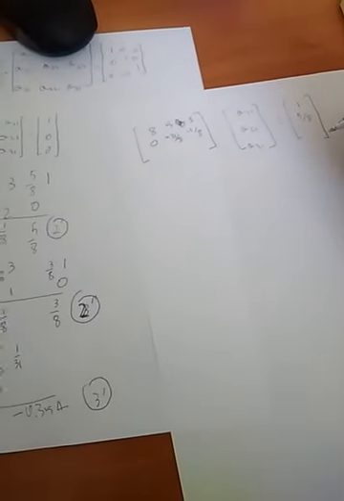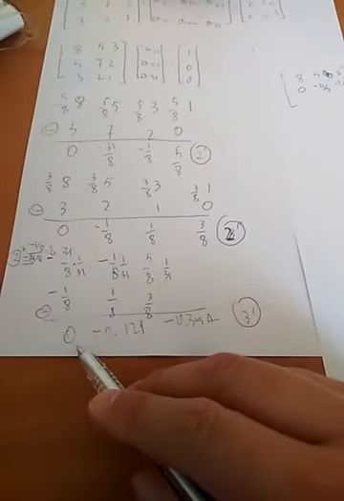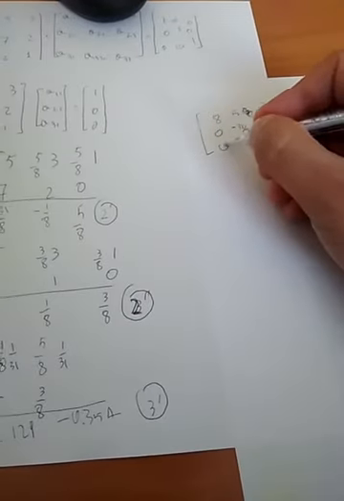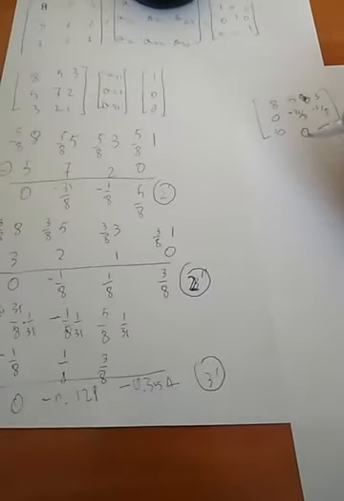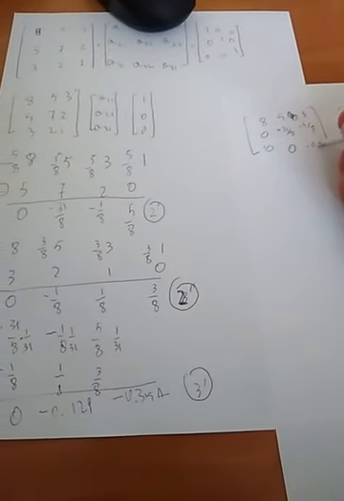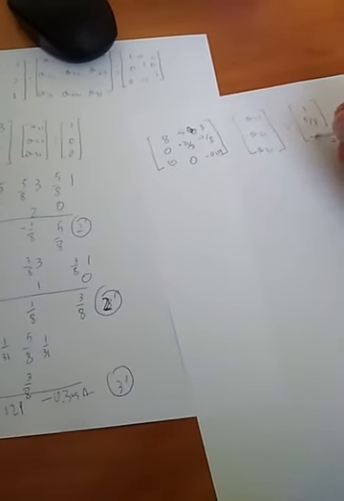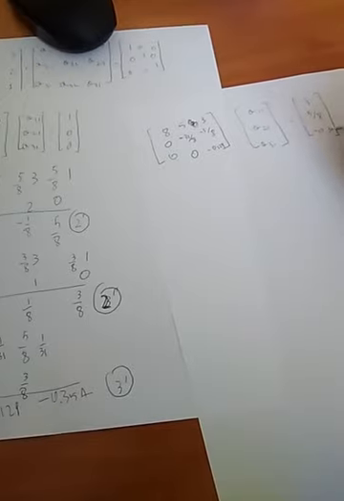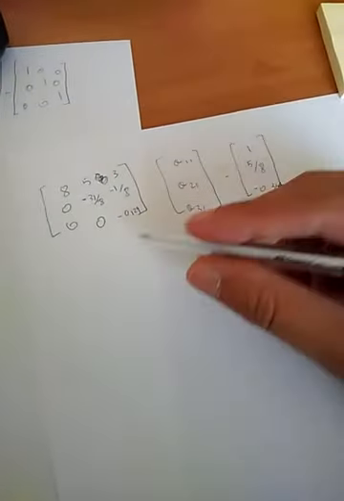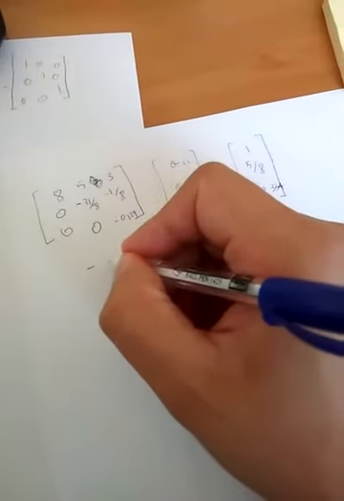And we'll take the 3 prime, so this is 0, 0, minus 0.129 A31 equals, and on this end is minus 0.354.